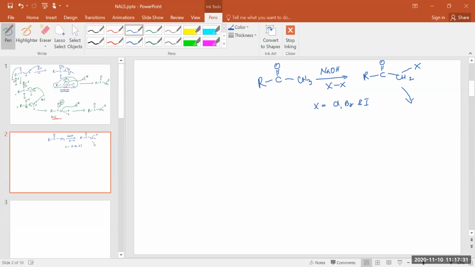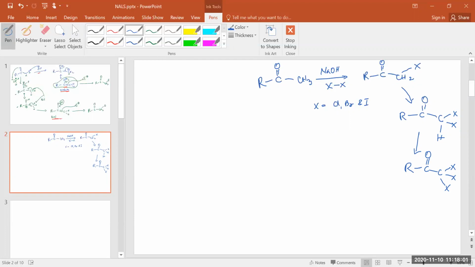Again the sodium hydroxide will make another enolate because you have two more hydrogens, so it will be replaced by another halogen. Again another enolate. So all three alpha hydrogens will be replaced by halogens via subsequent stepwise reactions.